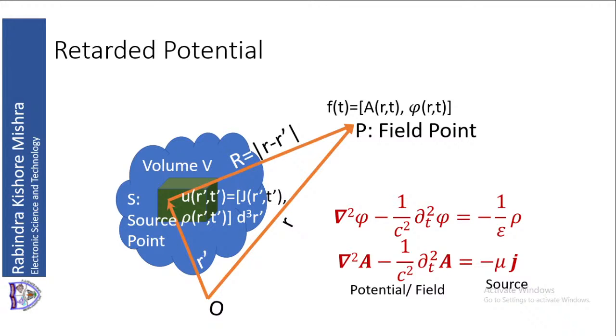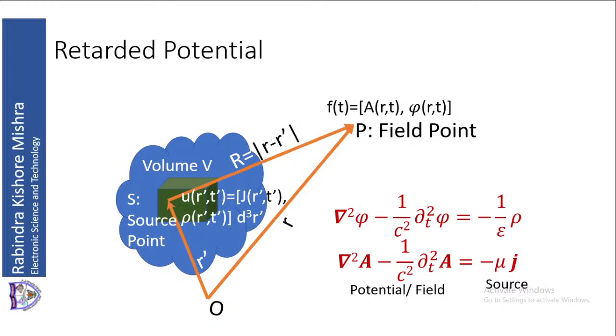Now the position vector of P is R, the position vector of S is R dash. Then the vector which joins point S to point P will be capital R, and that will be the difference of R and R dash. Therefore the magnitude of capital R is equal to the absolute difference between R minus R dash.